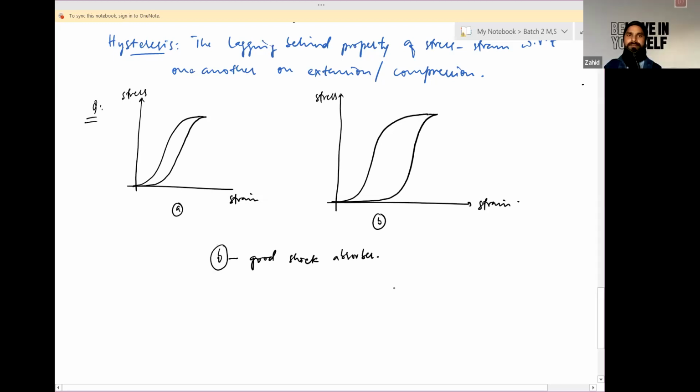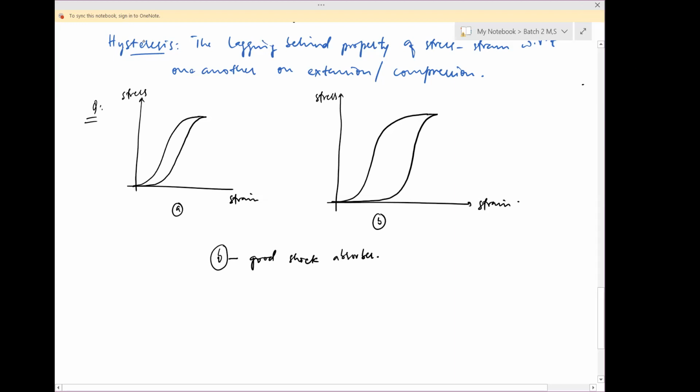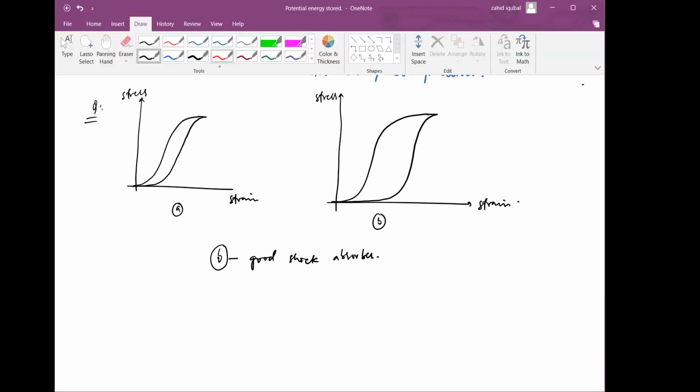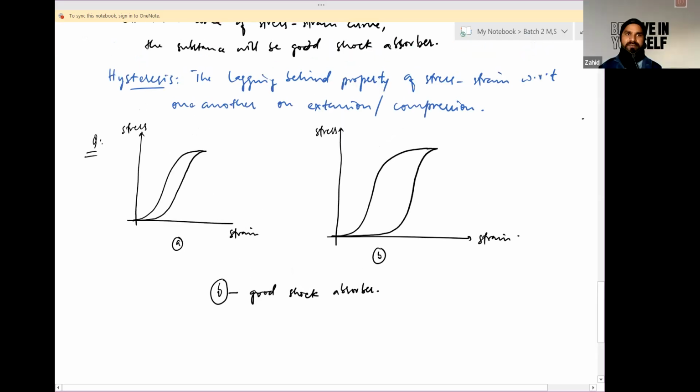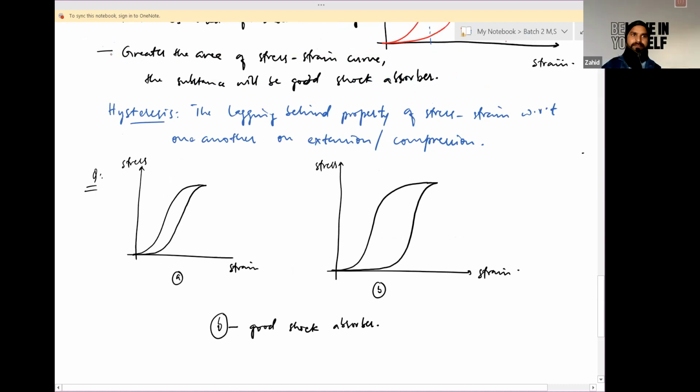Savio, is it clear? Can you explain it once more? I didn't understand. In the above part, I just defined in this statement: the greater the area of a stress strain curve, the substance will be a good shock absorber. Since elastomers are generally used for shock absorbing while transportation of any good from one point to another, let's say television, computer, AC, fridge.